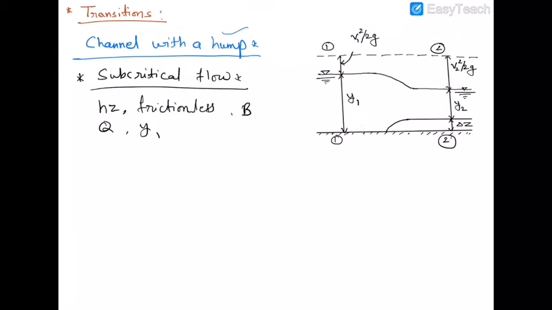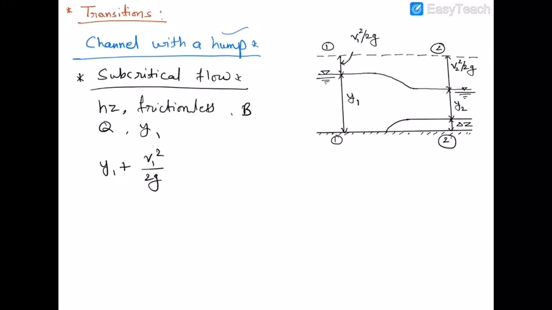Remember, here we are considering a frictionless channel, meaning there is no loss in the channel. So the total energy at section 1 and section 2 will be the same. The total energy at section 1 will be y1 plus v1 square upon 2g. Remember, here the datum we are considering is the bottom of the channel.